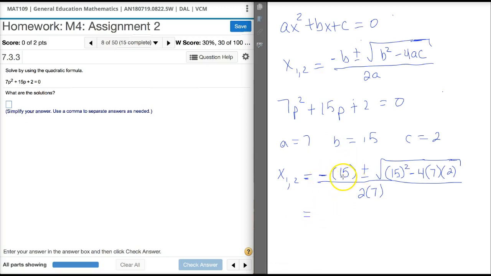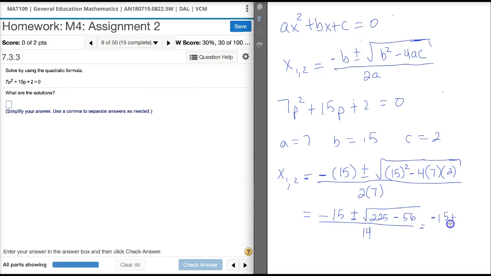Here, negative times 15 is negative 15 plus or minus. Now we do all the work on the inside. 15 squared is 225, and 4 times 7 is 28, and 28 times 2 is 56, all divided by 2 times 7, which is 14.